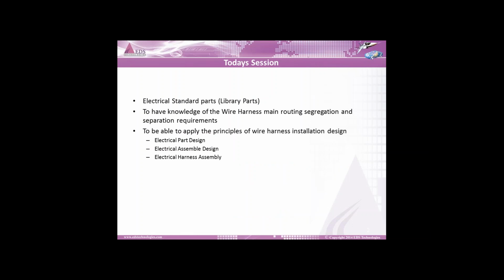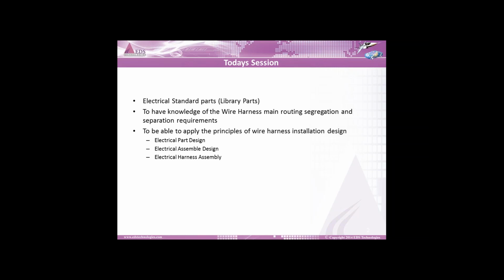In the last session, we covered the entire process of electrical and the methodology. Today, we'll have a brief demo and the working principle of electrical harness, and cover wire harness main routing, segregations, and the separation requirements, the basic configurations, steps, and rules we need to follow while doing harness work.